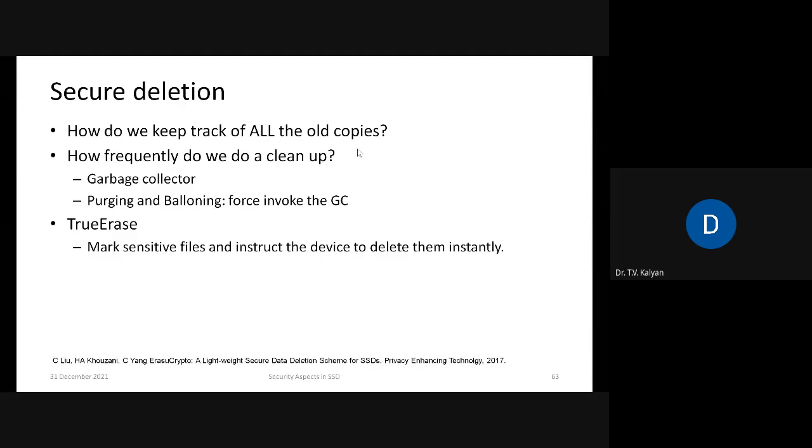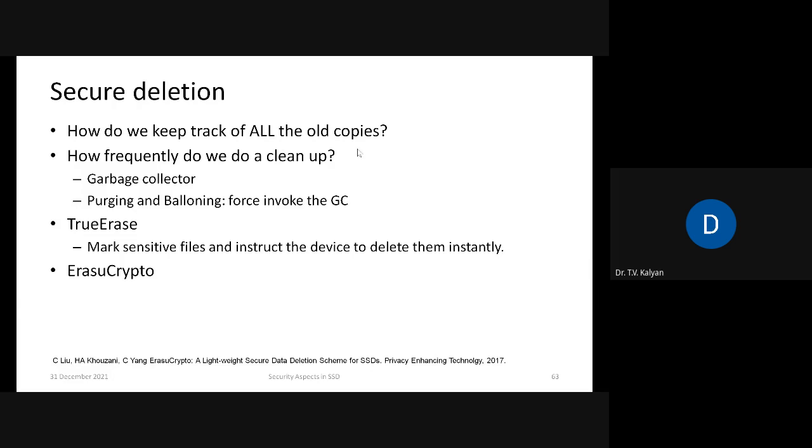When we decide that it's no longer required and we try to delete it, such files can be marked by the user as important, and whenever he decides to delete them, an explicit action is taken up by the SSD controller immediately.